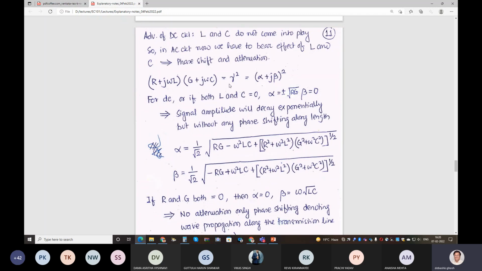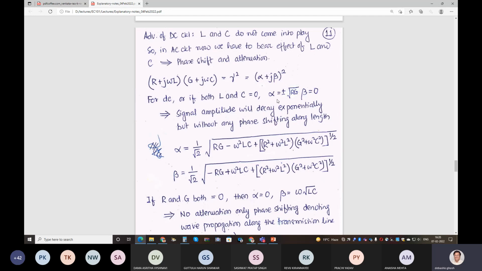The imaginary part will be 0. Here you can see the imaginary part is becoming 0. So gamma is equal to root over RG. That means alpha will be equal to plus minus root over RG. So there is alpha, but beta will be equal to 0. You can check it.